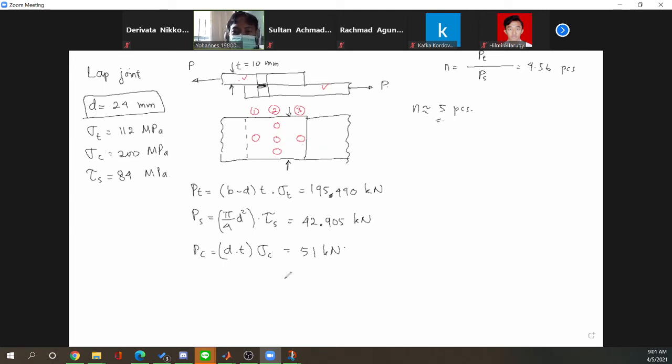So we need to calculate the strength of each row. So for the first row, we have only a single rivet here. So the maximum allowable tensile strength for the first row is determined by this. And here we have it similar to this one.